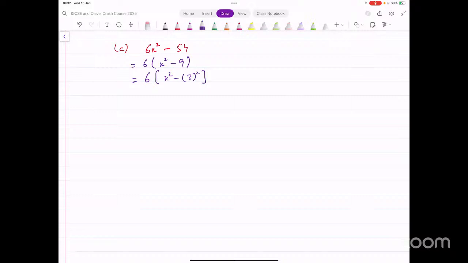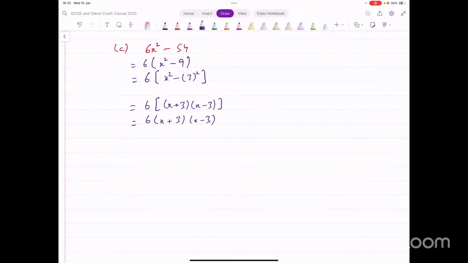Okay? And now that we have that form, a squared minus b squared, this can be written as a plus b times a minus b. So that becomes x plus 3 into x minus 3. And that's your factorized form, 6 times x plus 3 into x minus 3.